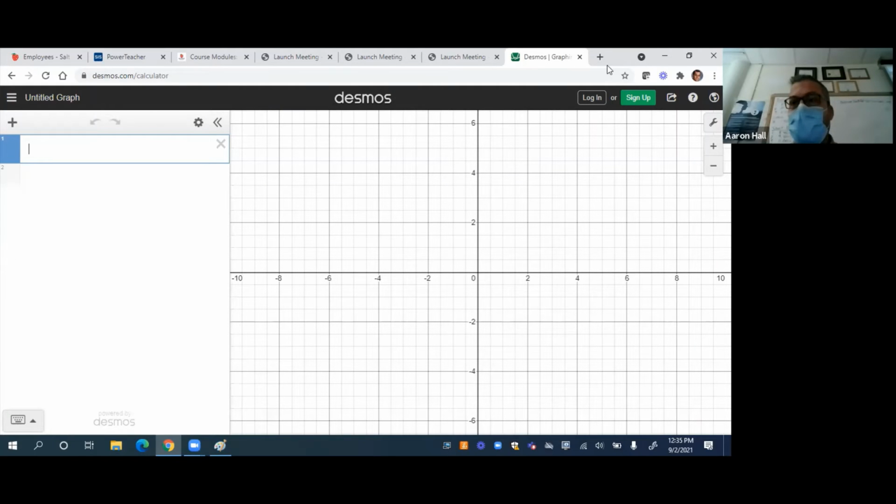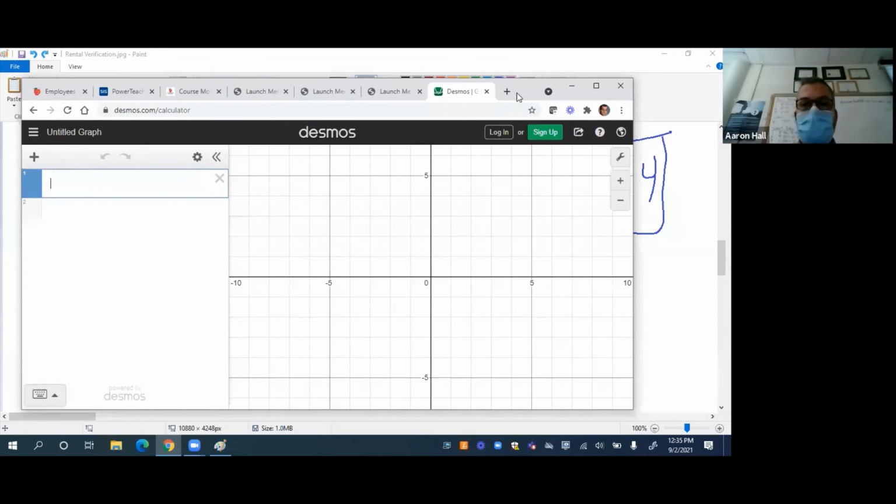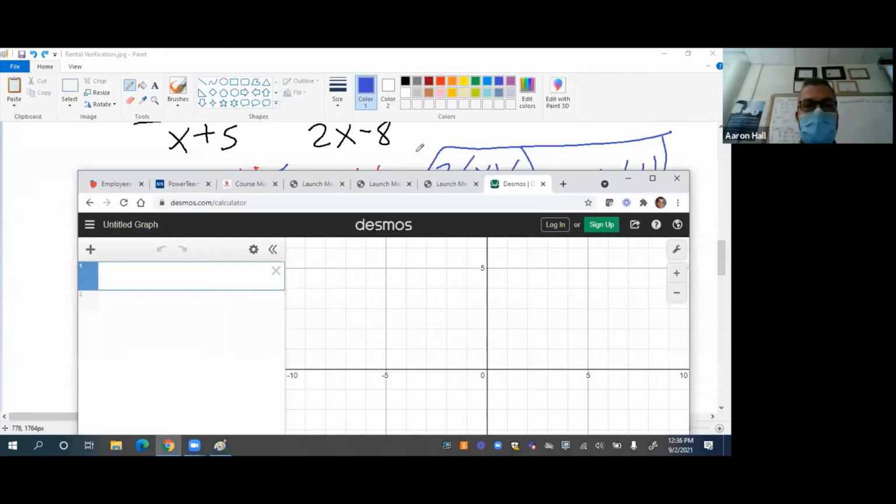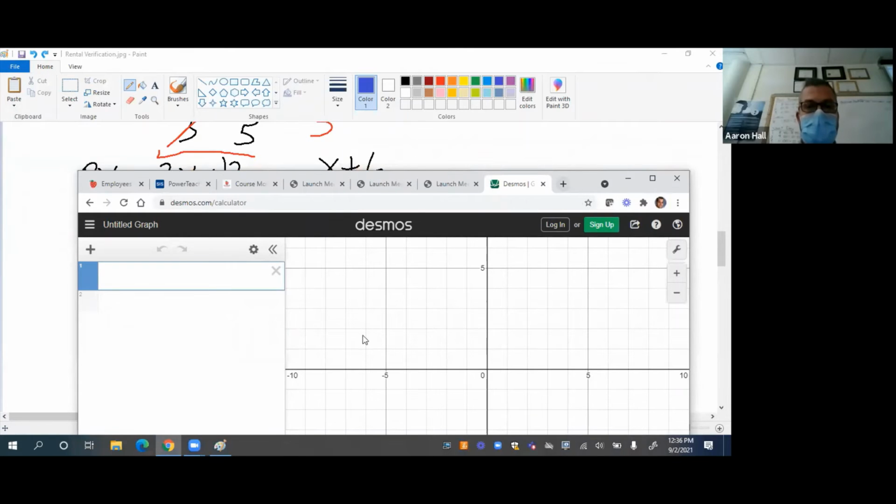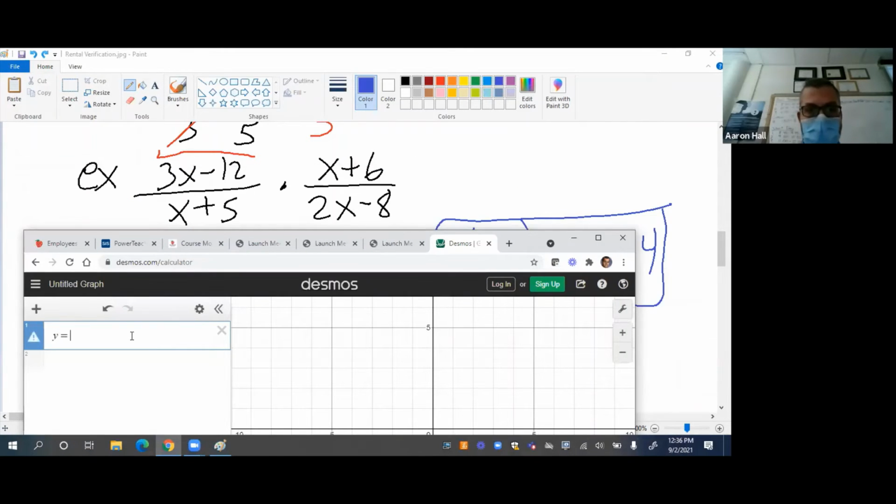Okay, I'm going to type both of these in. This is my original. So I have y equals, these are just placeholders for now, 3x minus 12 over x plus 5 times x plus 6 over 2x minus 8.